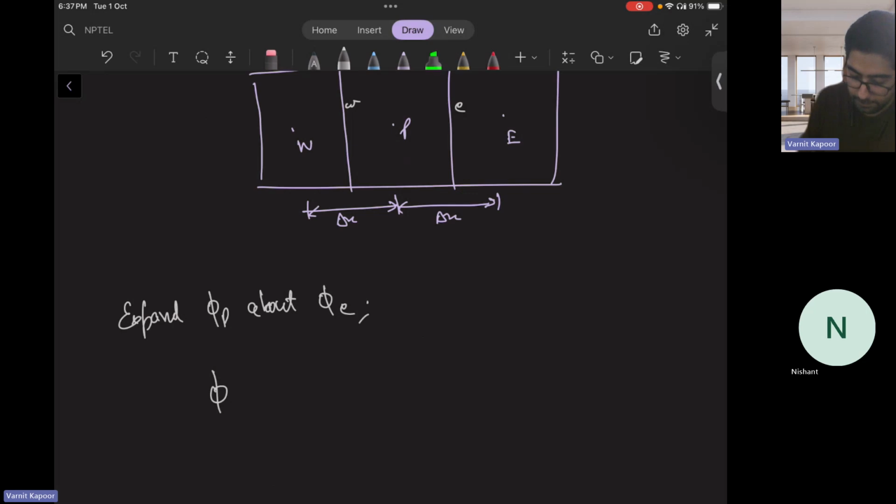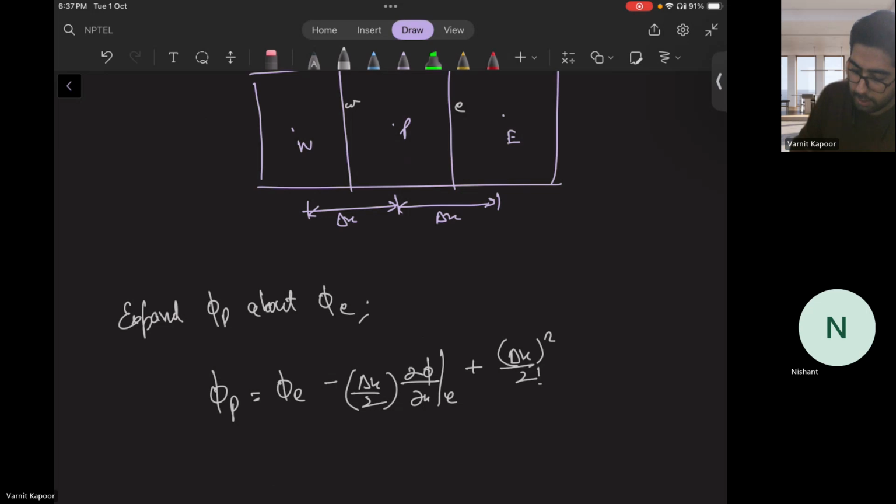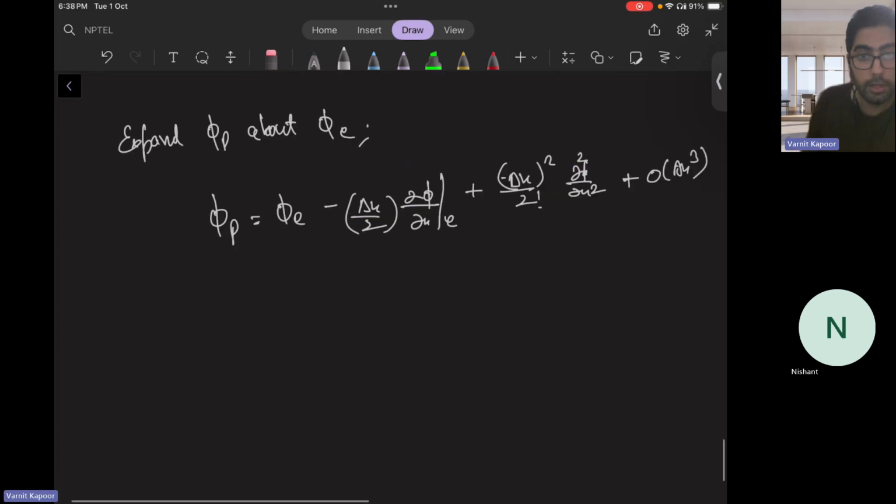Phi p will be phi e, and since about e it is at minus del x by 2, minus del x by 2 dou phi by dou x about e, plus, because minus x square will be positive only, dou 2 phi by dou x square term, and order of del x cube.